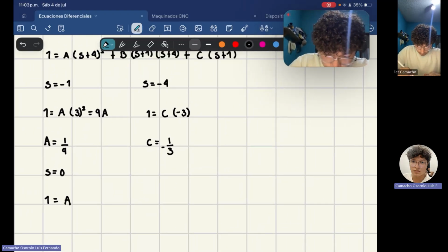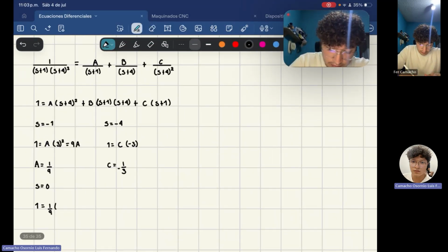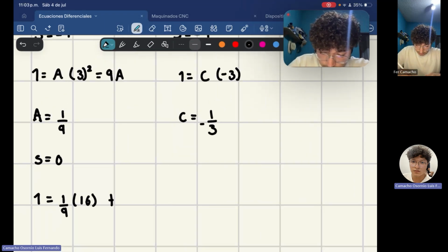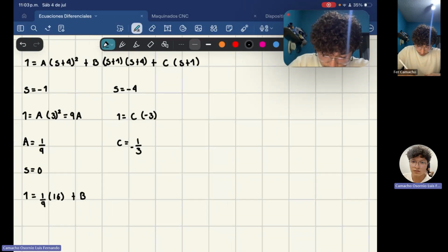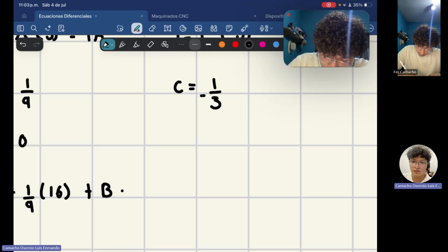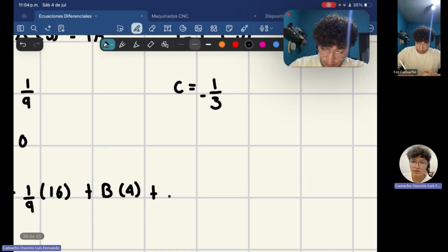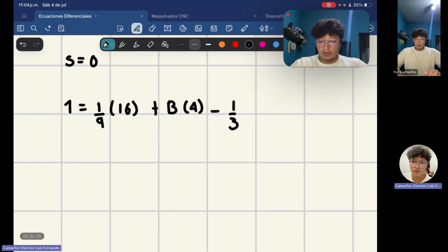If s is 0, we have 4 squared, that is 16, plus B, and we have 1 times 4, we have 4, plus 3, and we have 1, so we only have this value.